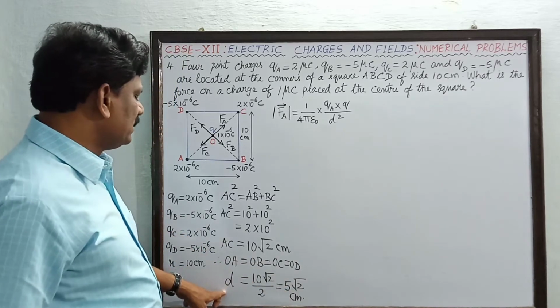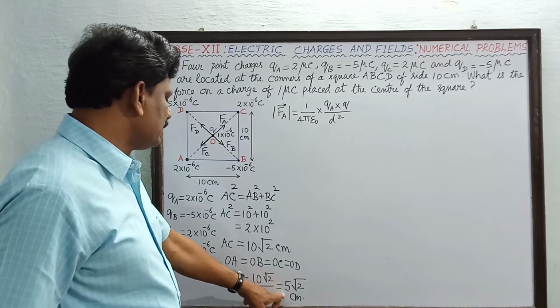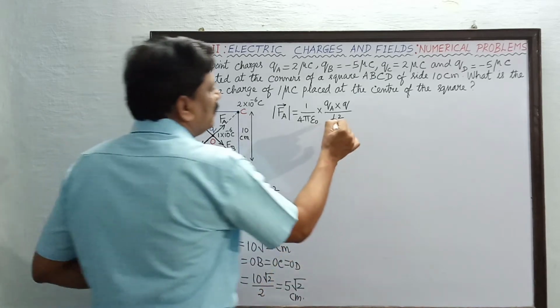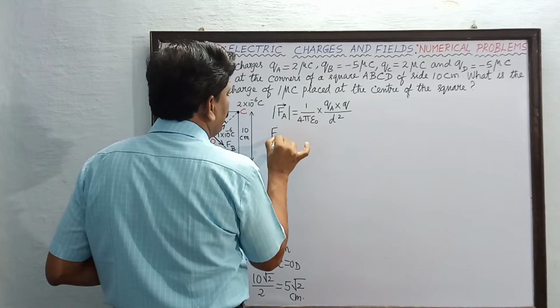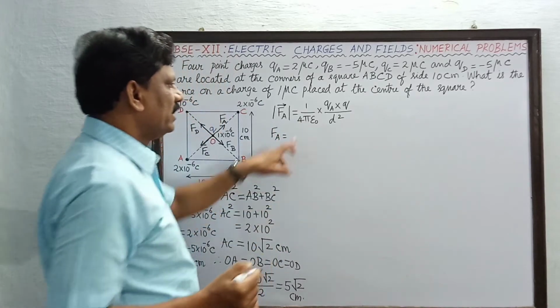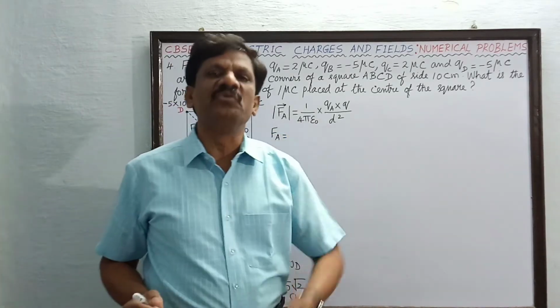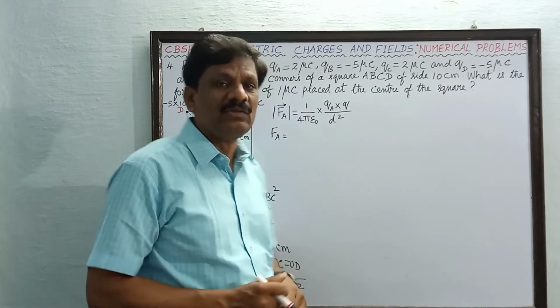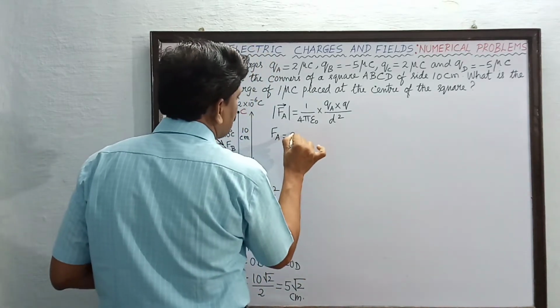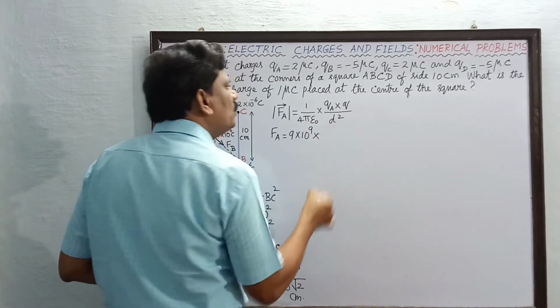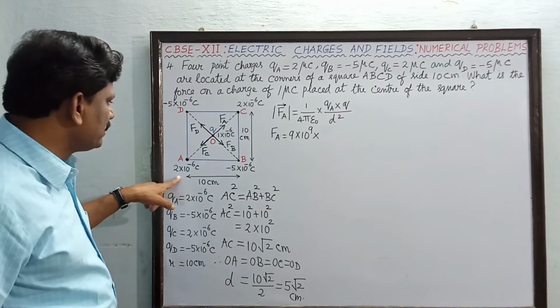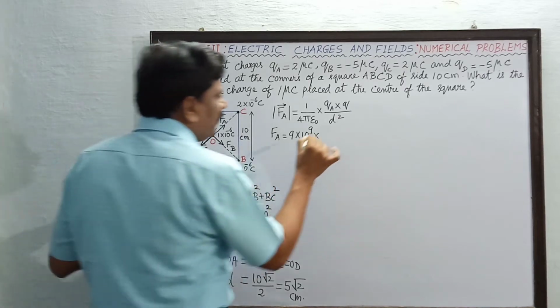Now this is D square. So FA is equal to 1 by 4 pi epsilon naught, and you must remember it is 9 into 10 power 9, into the charge located at A, which is 2 into 10 power minus 6.